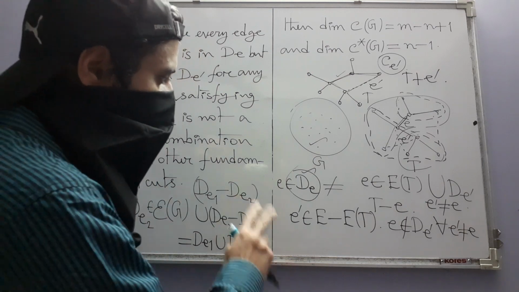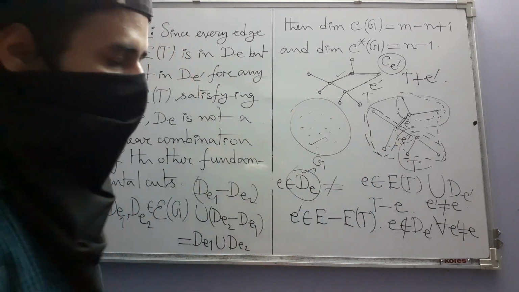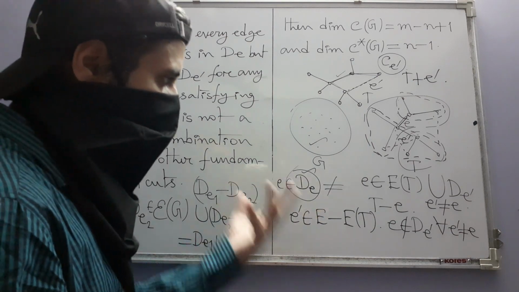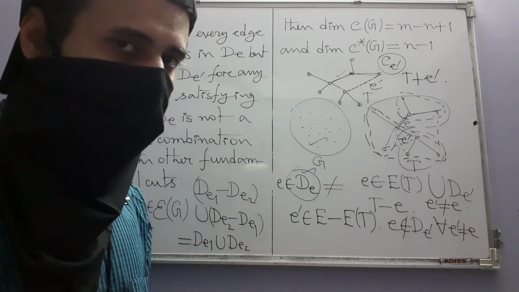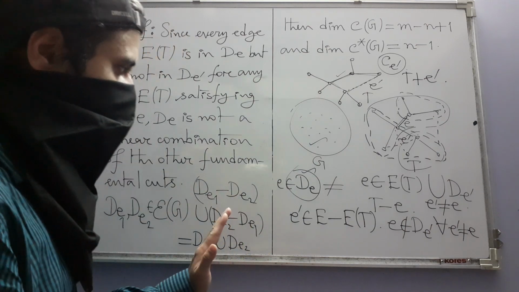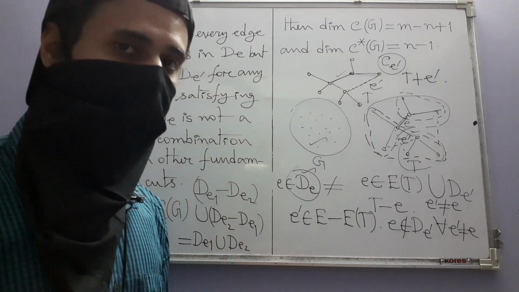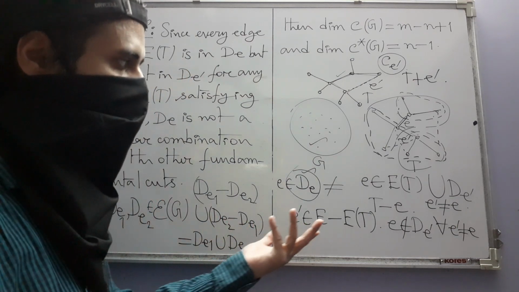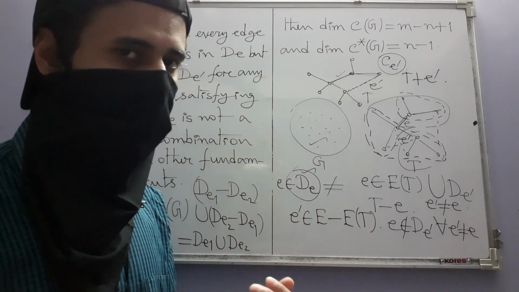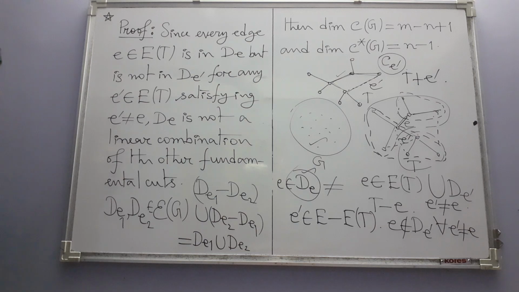And this is going to be true for every edge E in T. That means no fundamental cut is a linear combination of the other fundamental cuts. That means the fundamental cuts form a linearly independent set in the edge space, in the cut space actually. We can consider the subspace itself. So that is the next thing we are going to write.